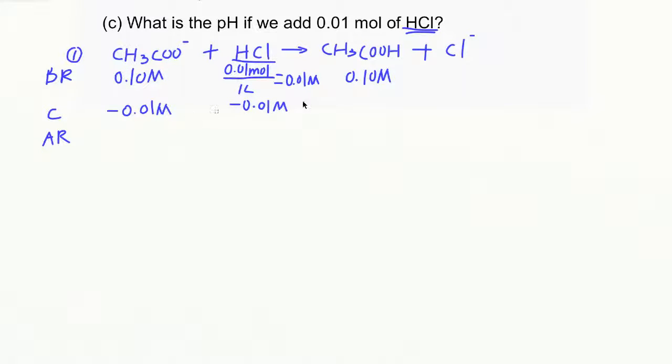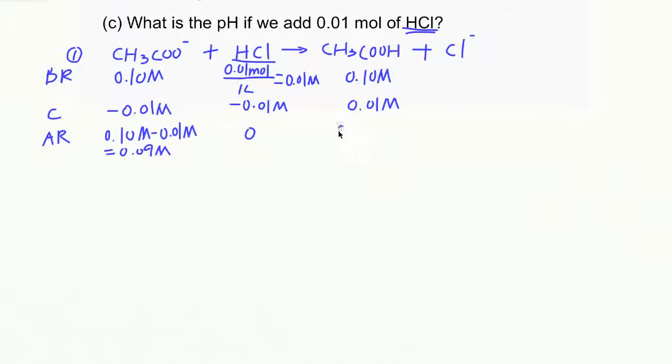Alright, so these are the changes for the two reactants, and here you are going to generate 0.01 mole per liter of this acetic acid. Now after reaction, the concentration of the conjugate base would be 0.10 mole per liter minus 0.01 mole per liter. I got 0.09 mole per liter, and this is 0.